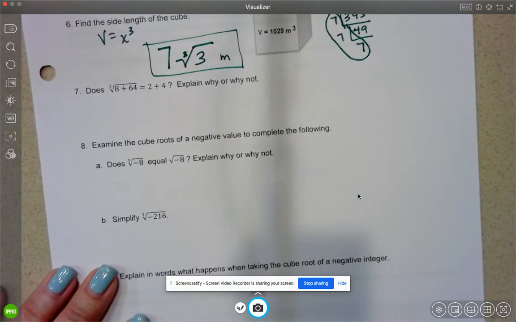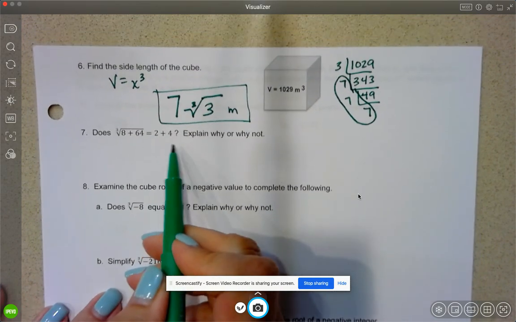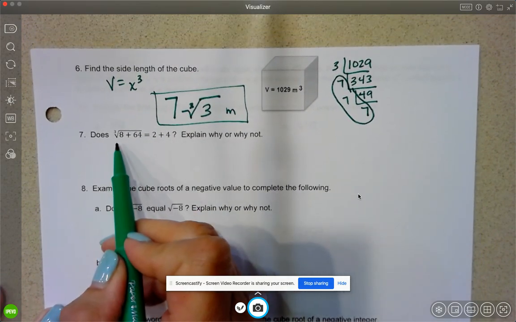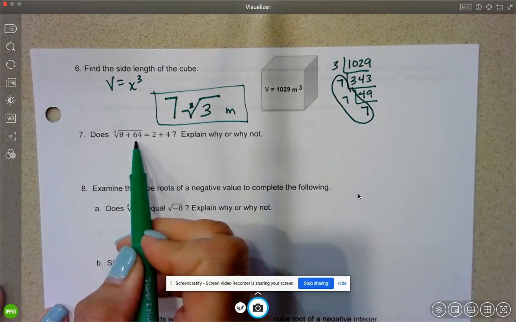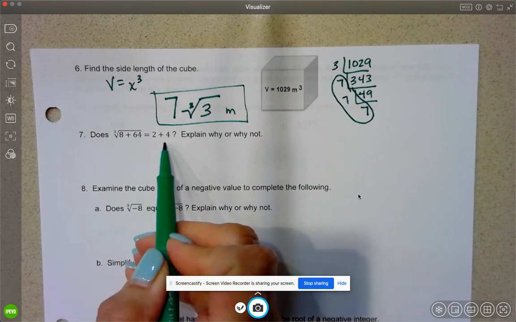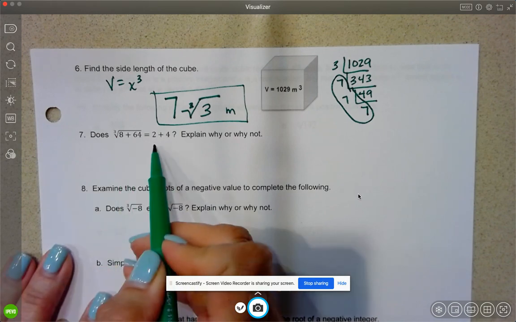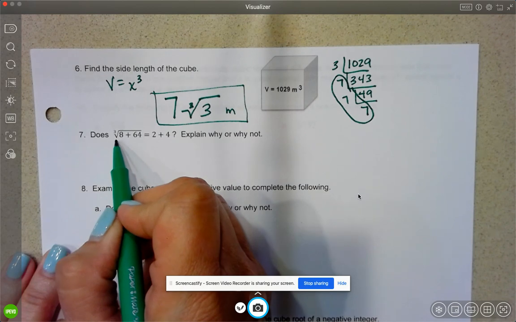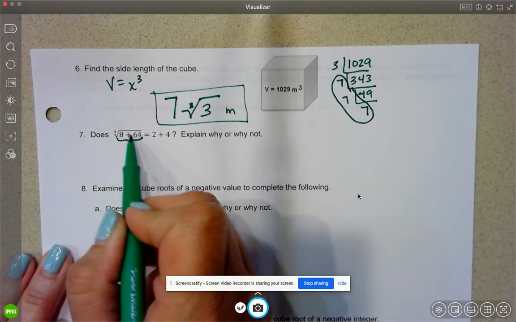So does the cube root of 8 plus 64 equal 2 plus 4? Because 8 is a perfect cube, which is 2, and 64 is a perfect cube, which we already discovered was 4. So it seems like maybe this is true, but actually you would have to think about order of operations. I'm going to add these inside here.